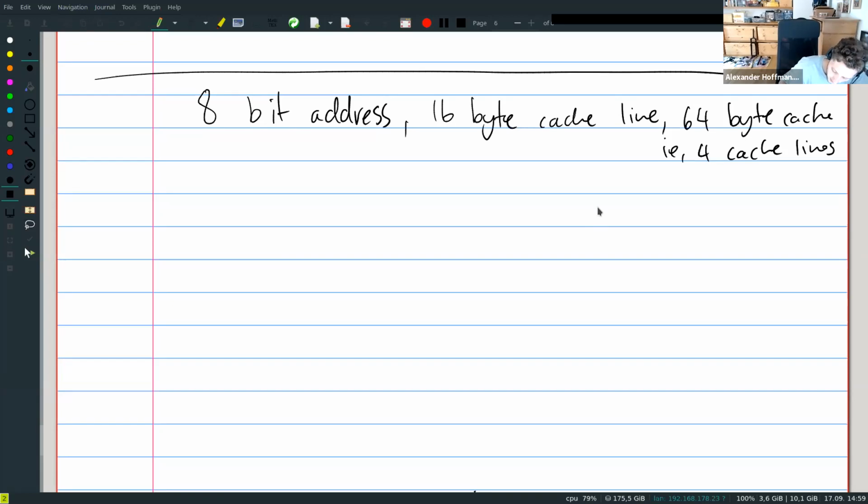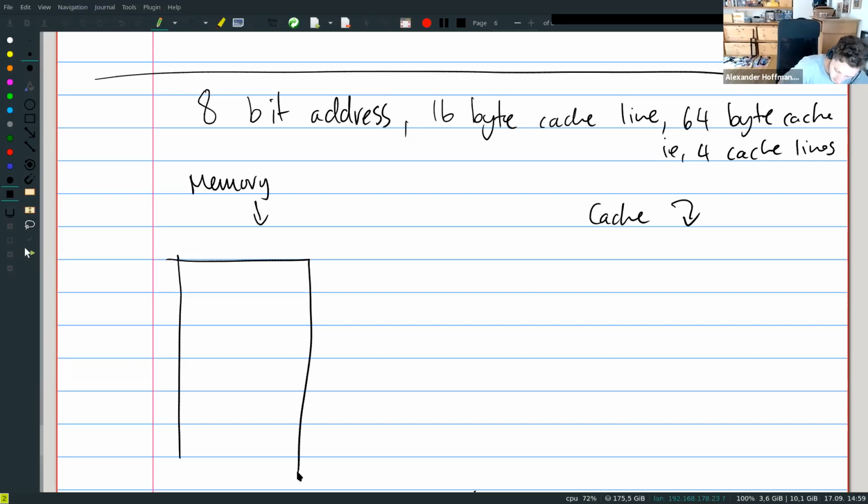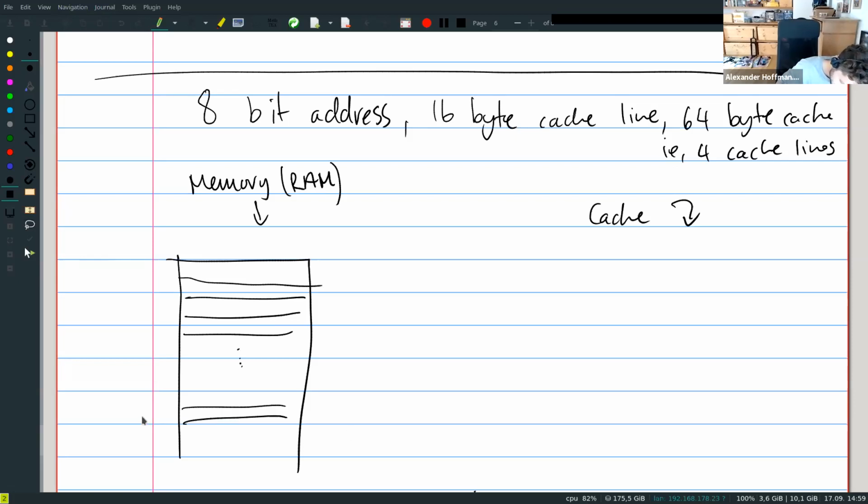So we have our cache here, and then in memory, this is in RAM, we'll have our addresses going from 0x00. Oh wait, sorry, 8-bit is even smaller. So we'll have memory addresses going down to 0xFF from 0x01.